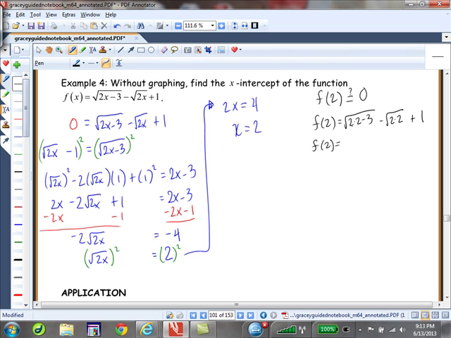That would be 4 minus 3 under the radical, which will be 1, minus root 4 plus 1. So f of 2 will be 1 minus 2 plus 1. F of 2 is indeed 0, so that checks.